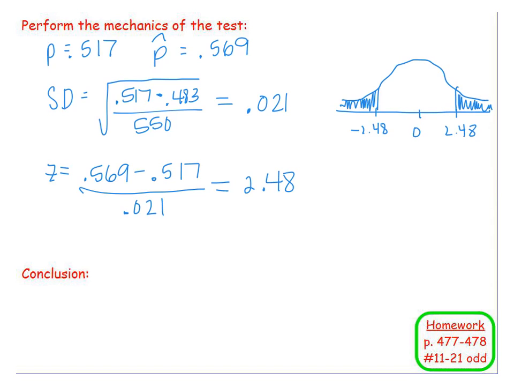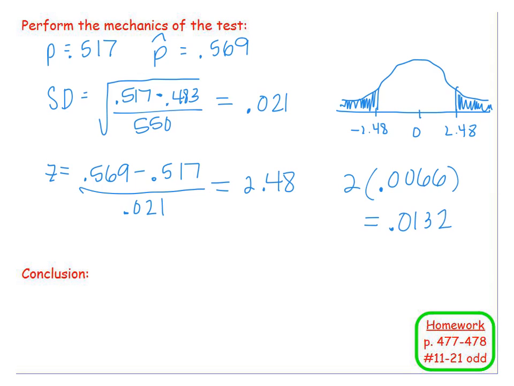Well, we know both of them are going to give us the same results. So what we do, because it's always easier to look up negative left sides, we go to the negative side and we look up negative 2.48, and you should get from your blue sheet 0.0066. But since the other one is exactly the same, all we're going to do is double that amount, which gives us 0.0132.